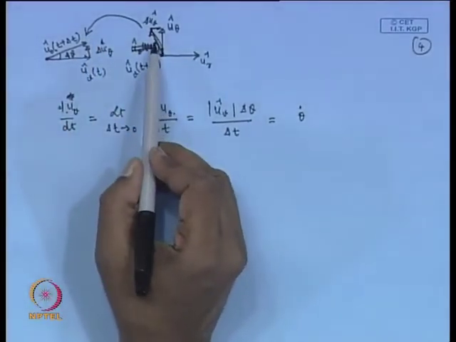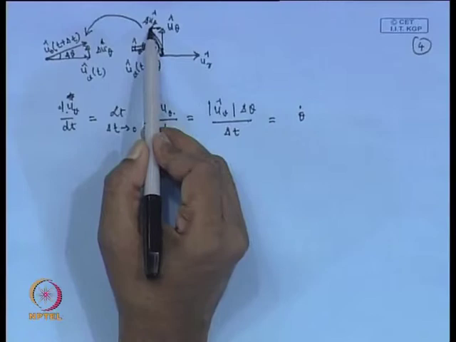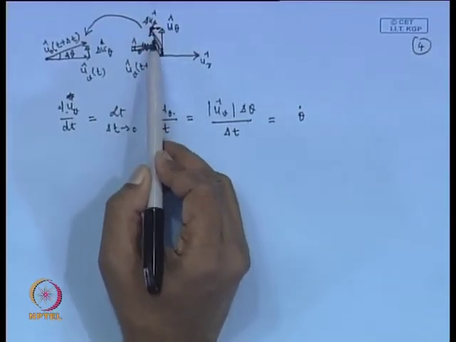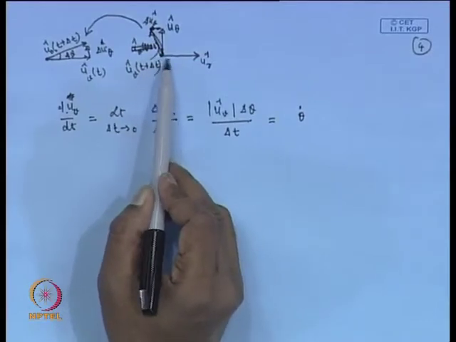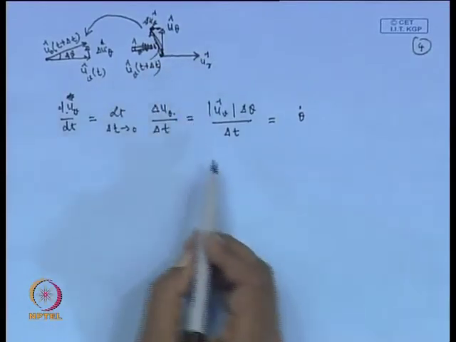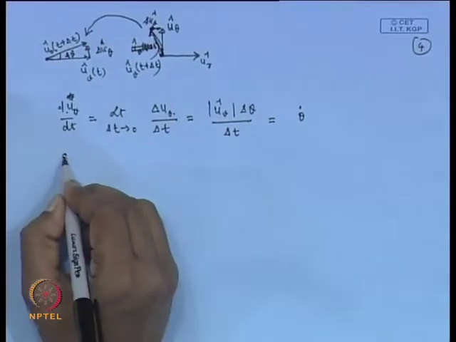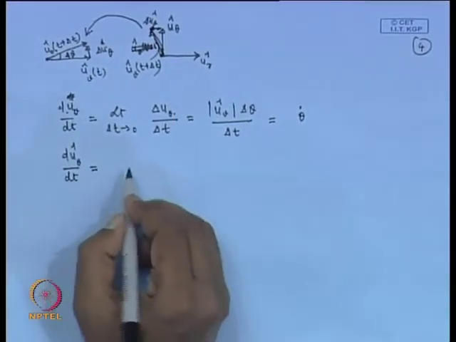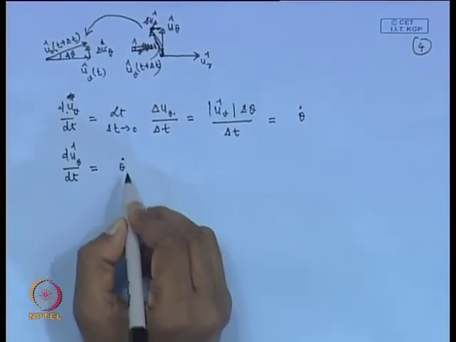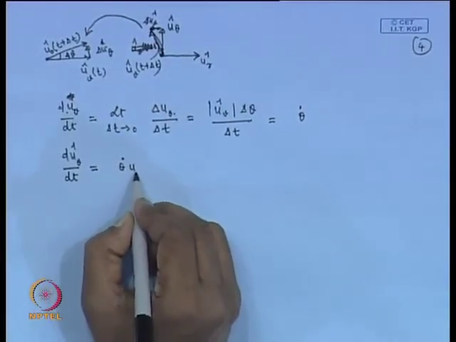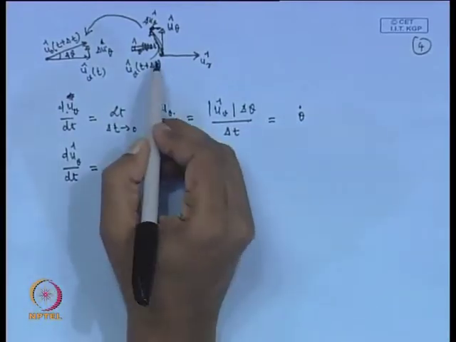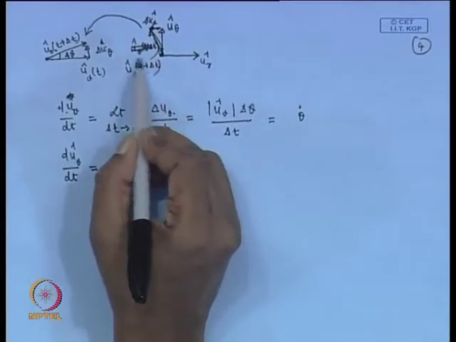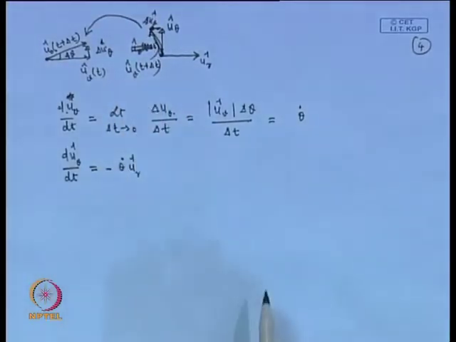As the time delta t becomes very small, the change delta u theta cap will be just opposite to the vector u r cap. So, we can write here d u theta cap by dt is equal to theta dot times u r cap with a negative sign, because this is indicated in the negative direction of u r, just opposite to the direction of u r.